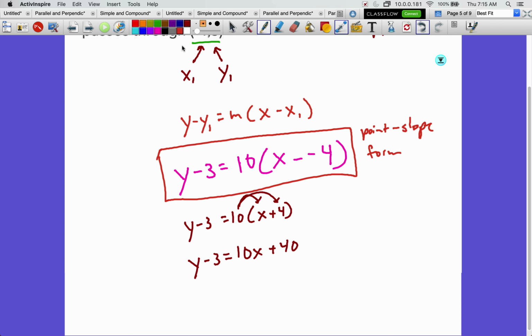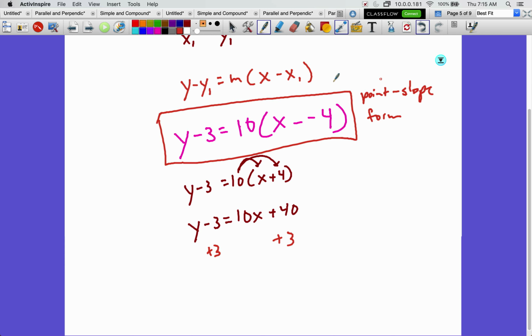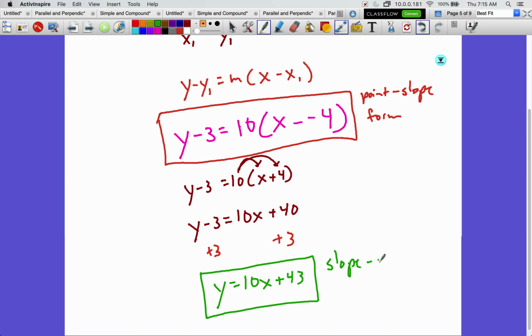And then we can isolate the y by adding 3 to both sides. And now we get y equals 10x plus 43. And that right there is slope-intercept form, which is easier to graph from. So typically point-slope formula is just a stepping stone to get us to slope-intercept form.